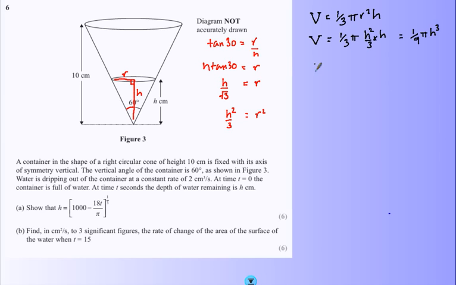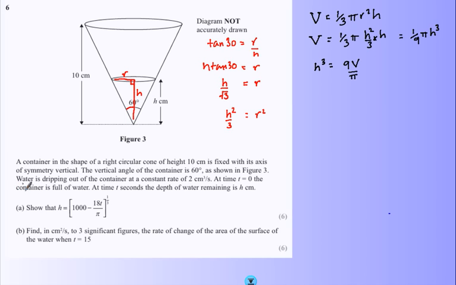If I turn this round, I can say what h cubed is. So h cubed is 9 times v over pi, and h would be the cube root of that, and I've got a cube root here, but what I've still got here is a v, so I've got to get rid of the v.